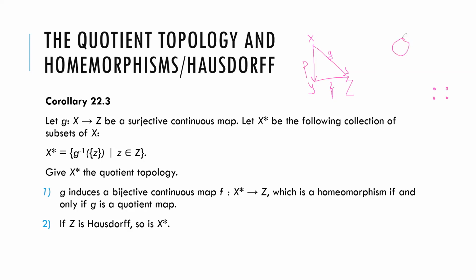So if we have 4 quarters of the circle, this point would map to this quarter, and this point would map here. Actually, the other way around, like that. So this quarter maps to this point, and so on.